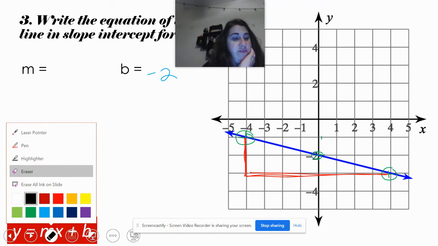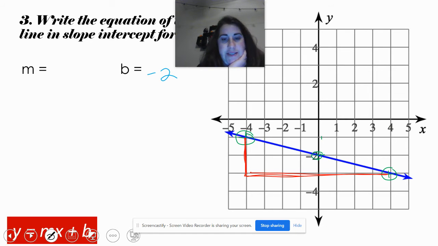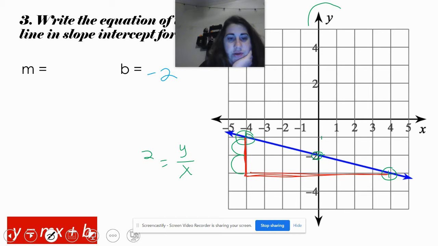Oh wait, now that I've drawn my triangle, I can count my boxes. My rise over my run. So my up and down over, so I'm going to do y over x. So my y, which goes up and down, is 1, 2. And what's my run?